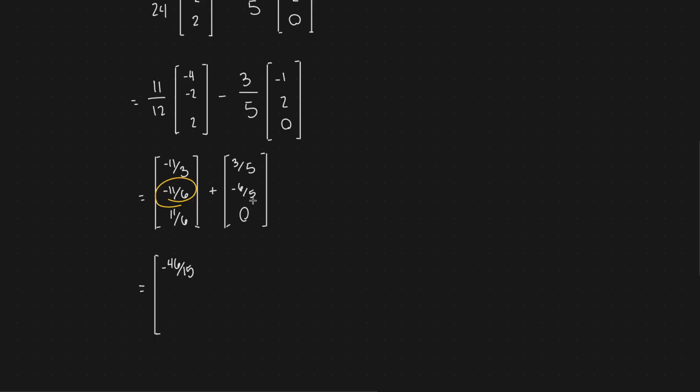Next one, negative 11/6 and negative 6/5. The least common denominator will be 30. Negative 11/6 is negative 55/30, and negative 6/5 is going to be negative 36/30. If I add those together, I get negative 91/30. And then finally, 11/6 plus 0 is 11/6.